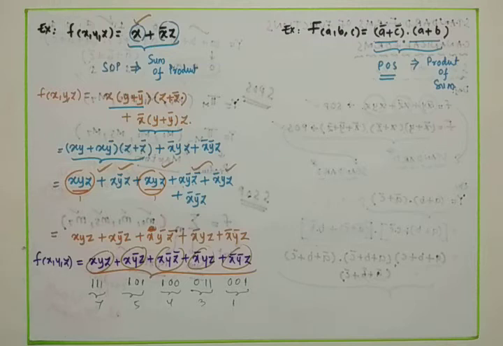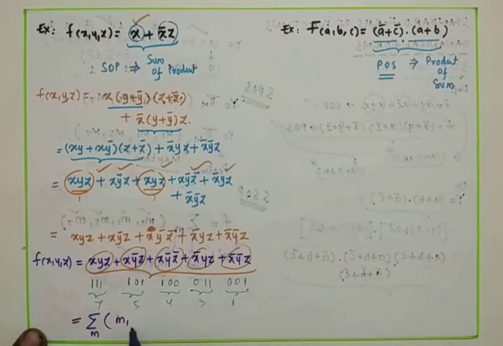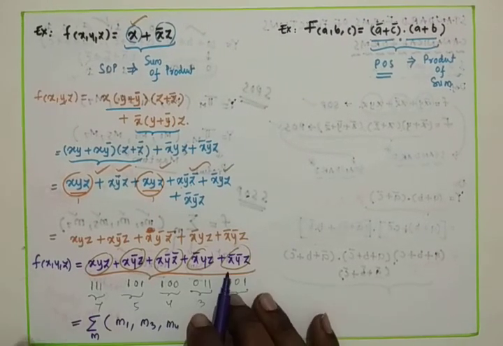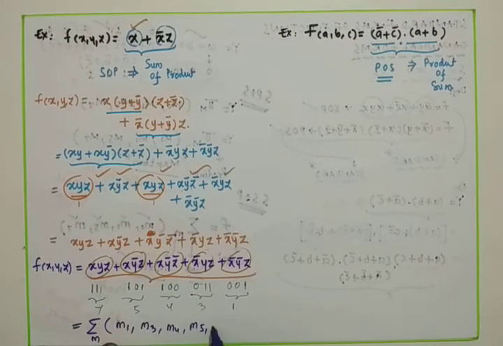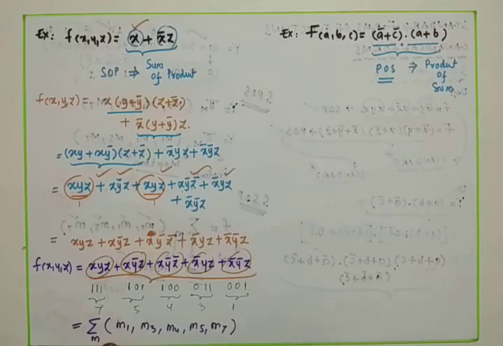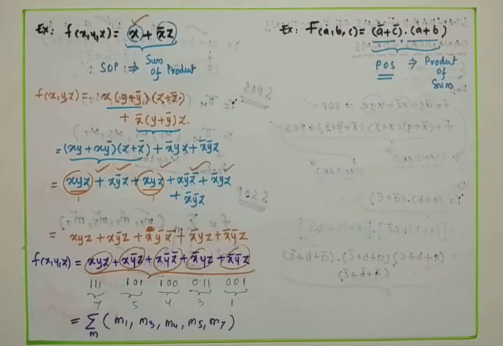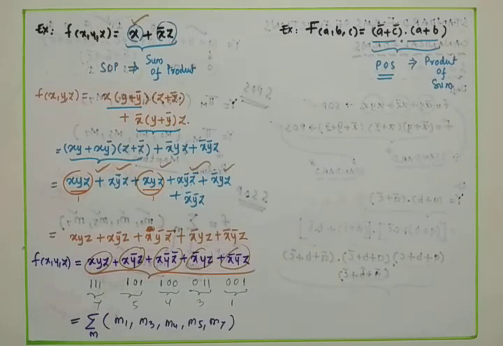Now we can write this in the form of sigma. Sigma is nothing but sum: sigma m of m1, m3, m4, m5 and m7, simply writing in ascending order. This is nothing but the standard form or canonical form of the given output expression. This is the output expression, and we have converted that into the standard form.